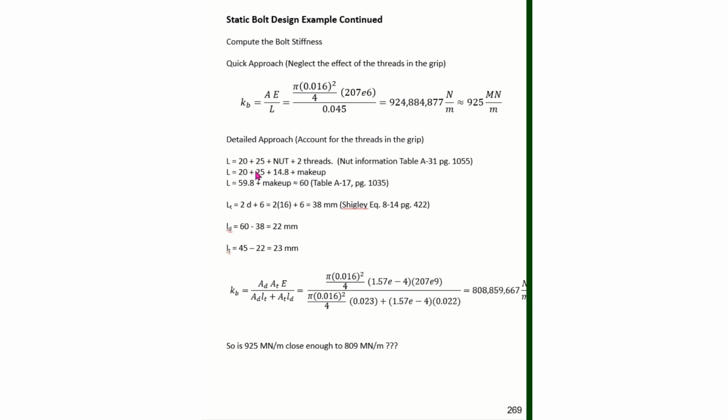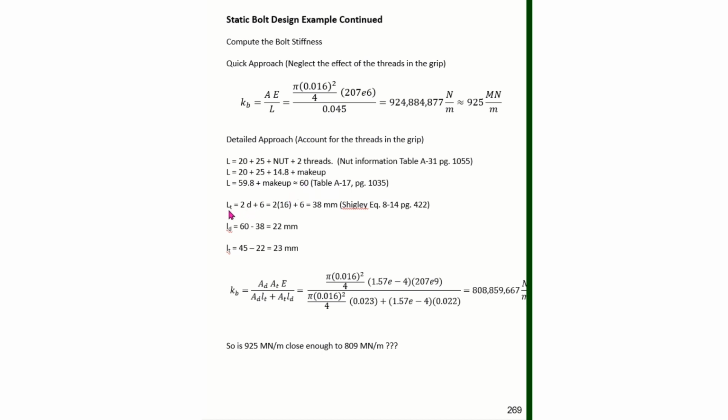But when I add the 20, the 25, and the 14.8, I get 59.8 for a length. That's not a standard length, so I round up to the next standard length. On table A17, we get that standard length of 60. And so the standard length of the bolt that I will use is 60 millimeters.